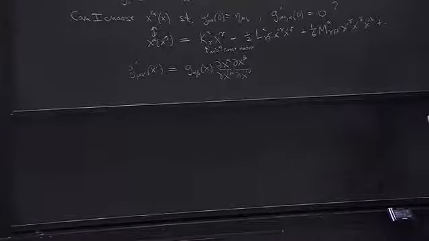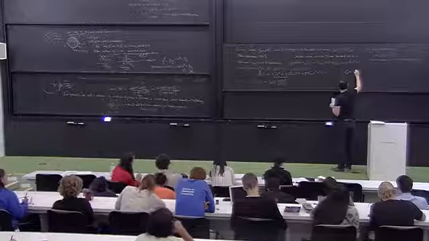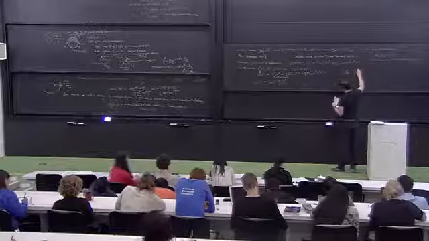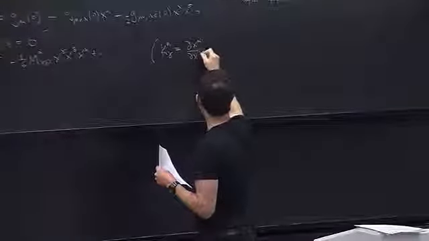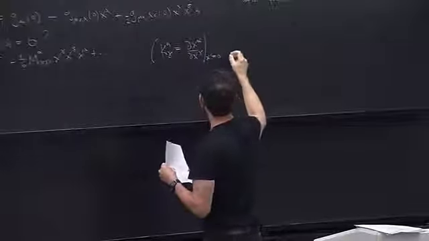And obviously, k alpha gamma is equal to dx alpha dx prime gamma at x prime equals 0.